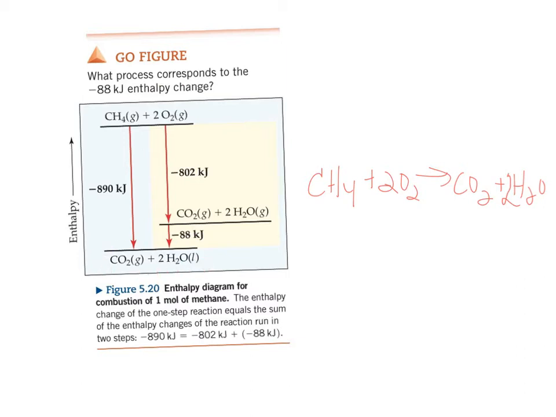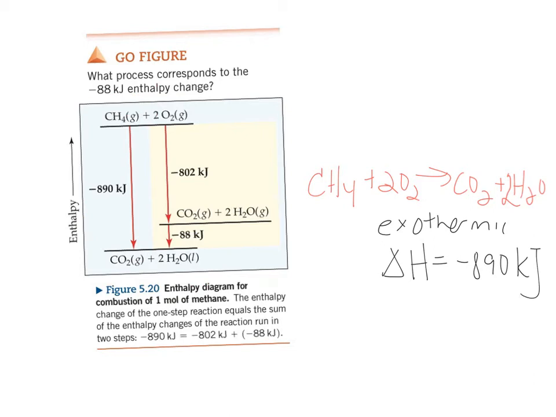The way they've drawn it, they have their reactants up here and their products down here. Going from reactants to products, we lose 890 kilojoules of energy. So this is exothermic, and its change in energy is equal to negative 890 kilojoules, the combustion of methane.